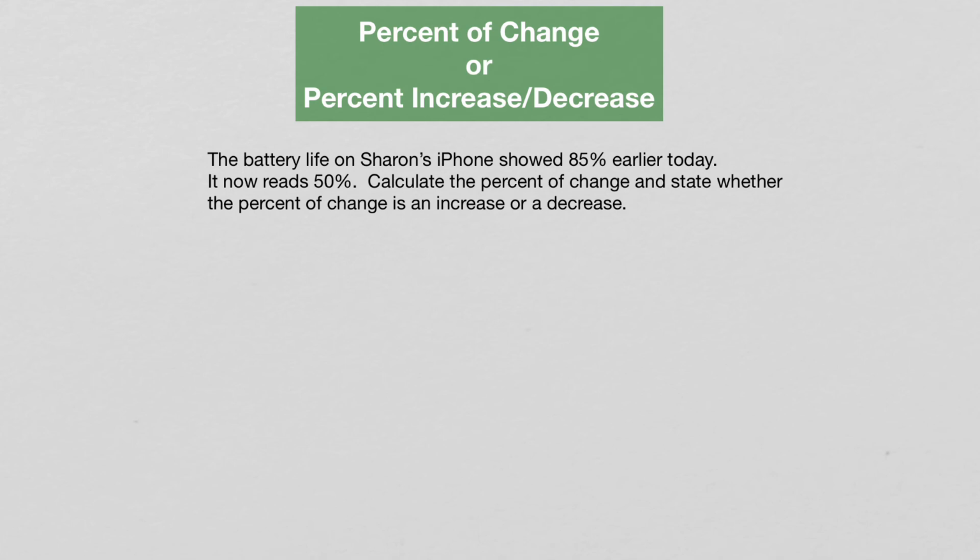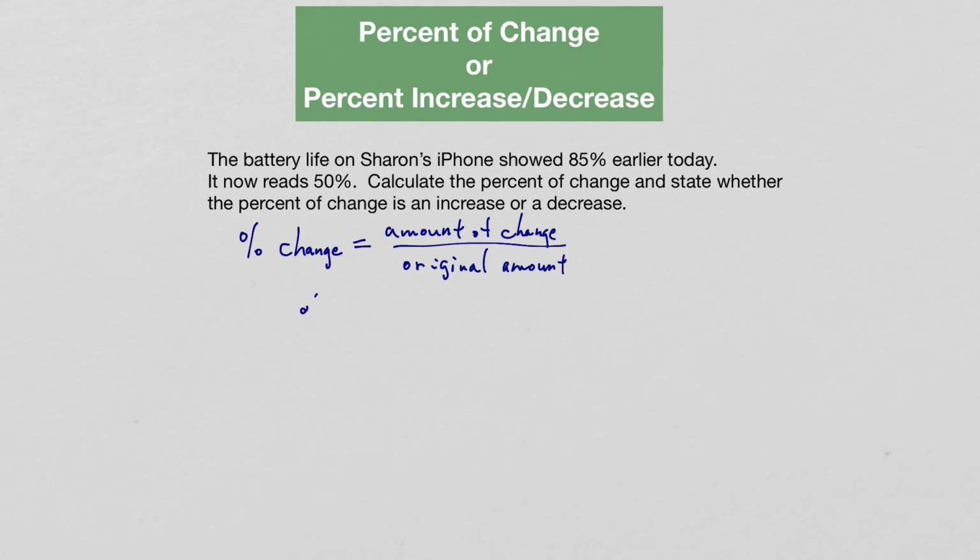Very similar to the previous problem. So we start off with the percent of change is equal to the amount of change over the original amount. Okay, so we need to calculate the percent of change.